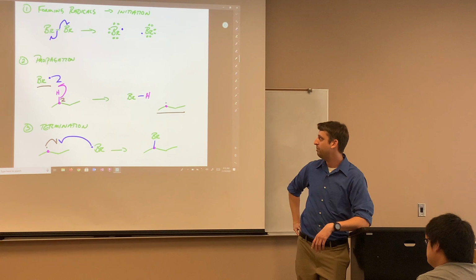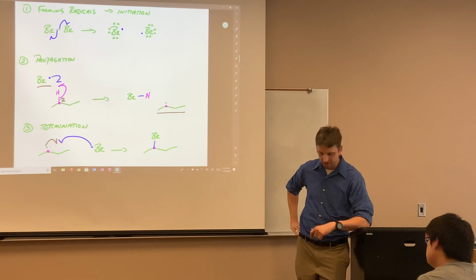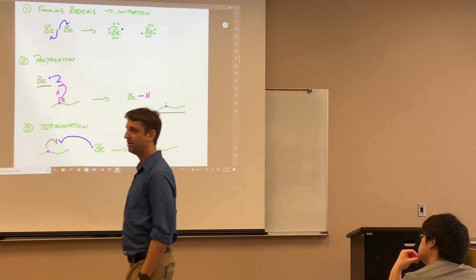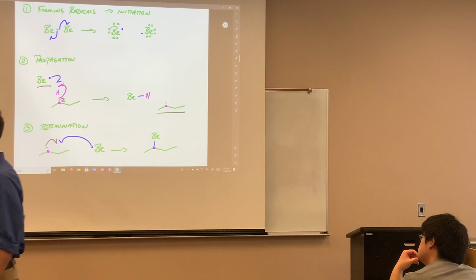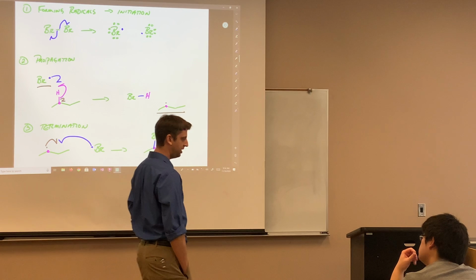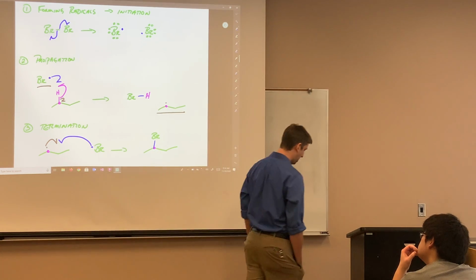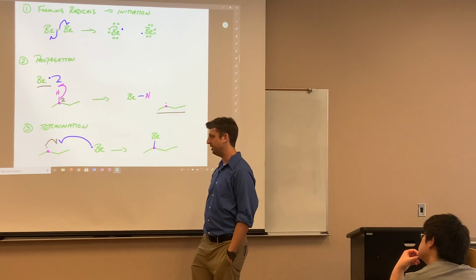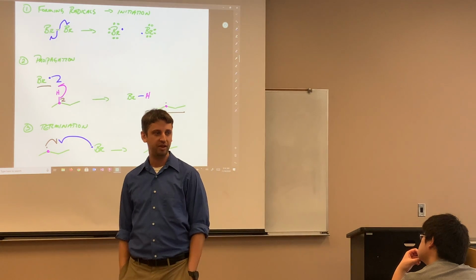But anyway, we were making our way through the radical chapter here, and we have the one mechanism that we have to deal with, and that mechanism has three parts to it, right? We have the formation of radicals, which we call the initiation. One radical turns into another, which is the propagation, and then at the end, two radicals come together, and that's the termination.